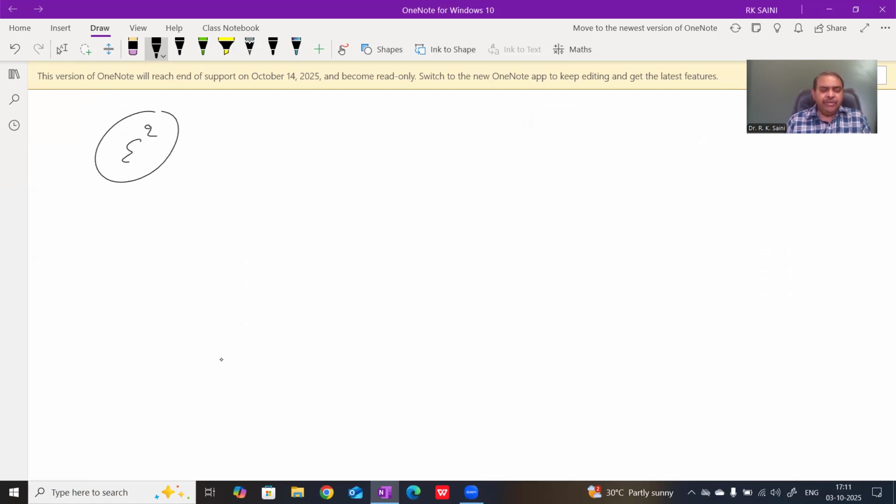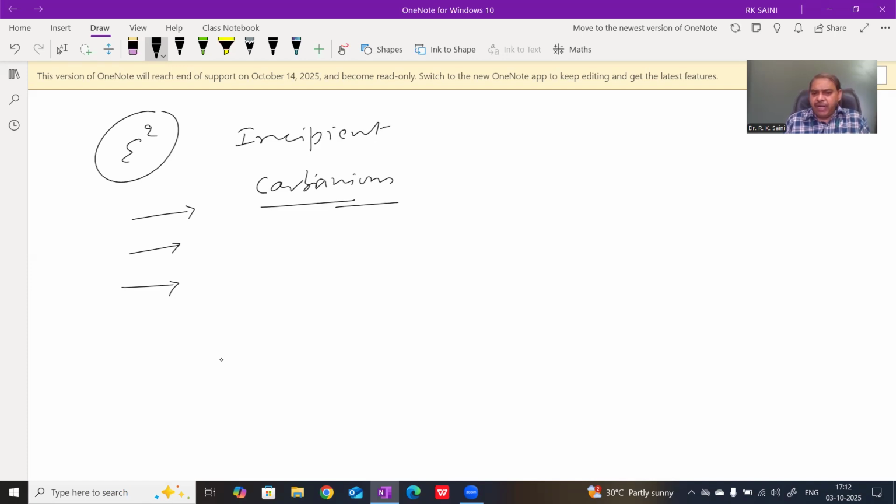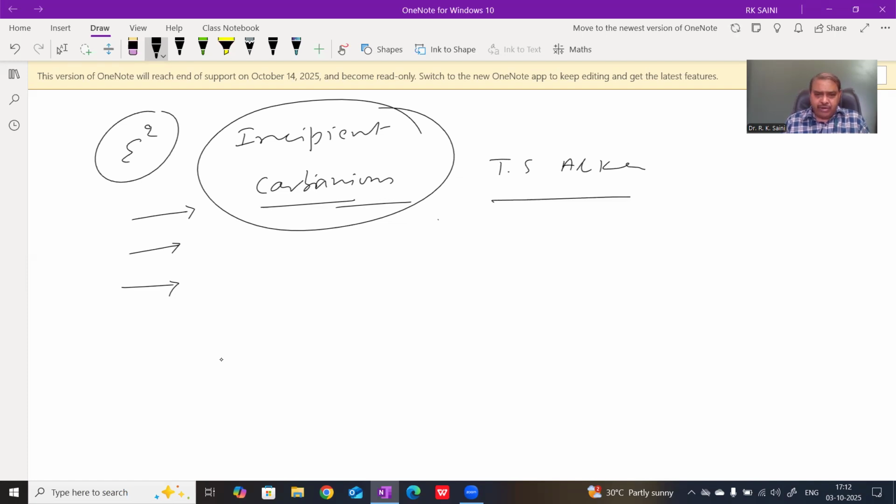If the following conditions apply in the E2 mechanism, then incipient carbanion character is developed in the transition state. Transition state means alkene-like. Therefore, the stability of the alkene depends upon the carbanion. Therefore, the major product is the Hofmann alkene.